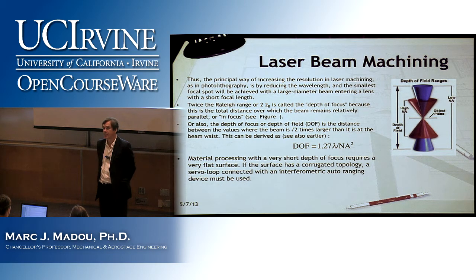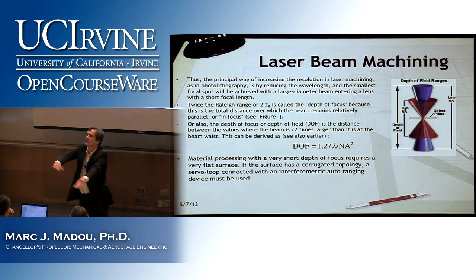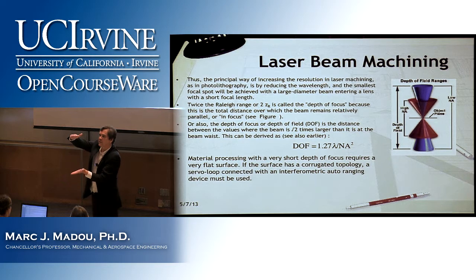If you have a thick layer of photoresist, you want to have the depth of focus at least as big as the depth of the photoresist, because the image needs to have high fidelity all the way through the whole layer.